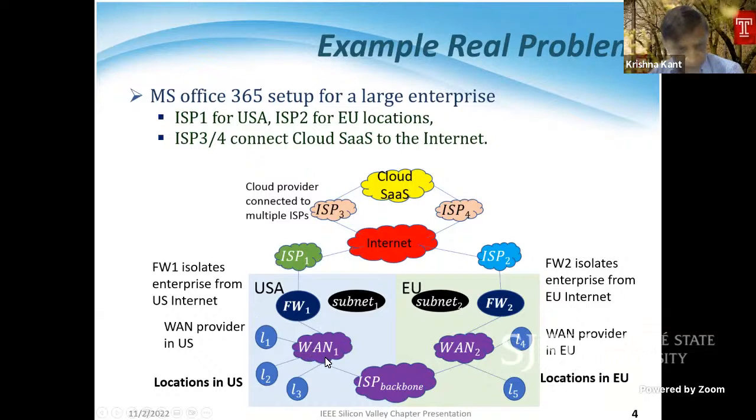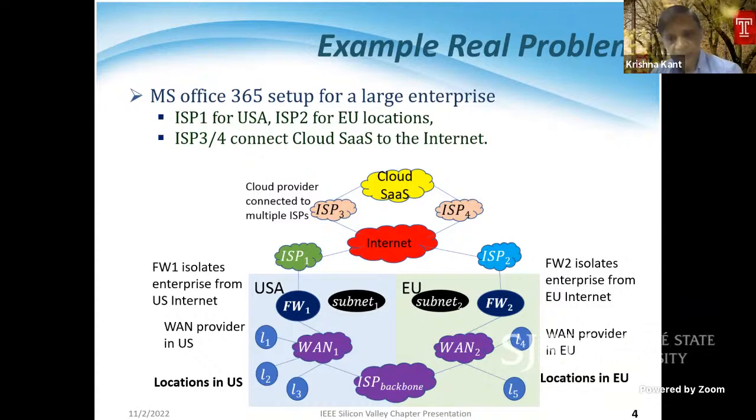And they are using on each side a WAN provider, and then it goes through the ISP on each side and through a firewall. And of course, there is a separate subnet for the US side and separate set of subnets for the EU side. So what happened in this instance was that it was observed that everything worked perfectly when the load was not heavy.